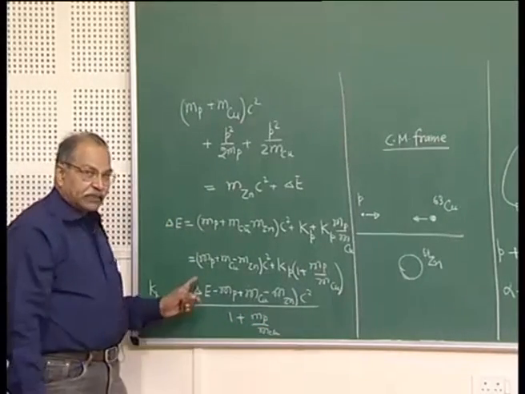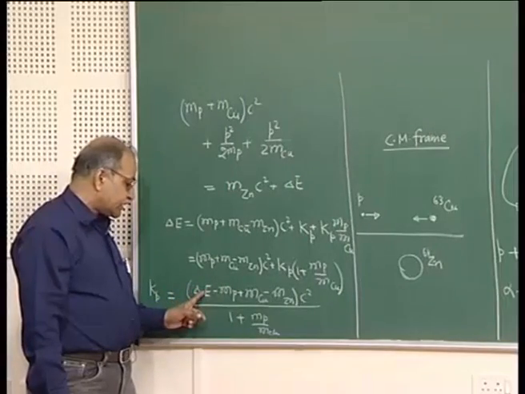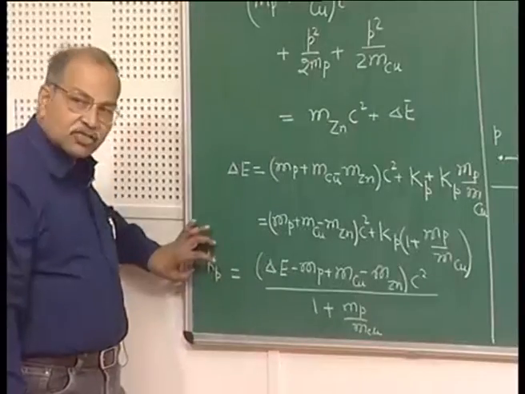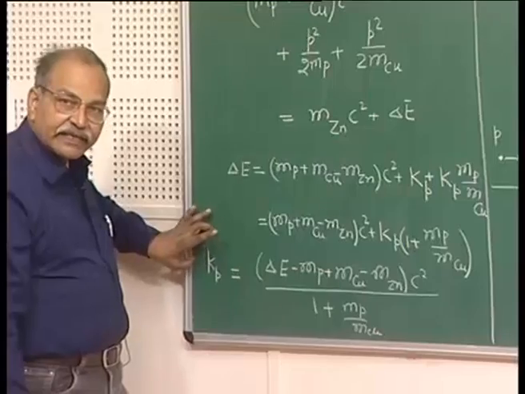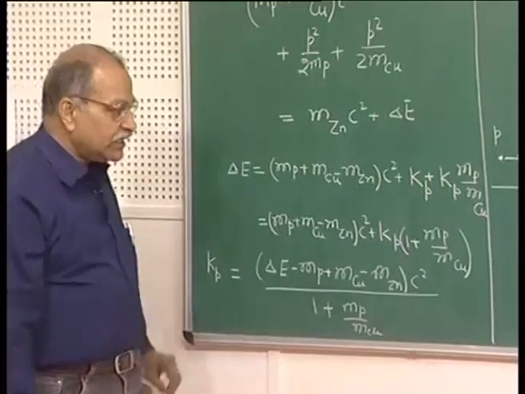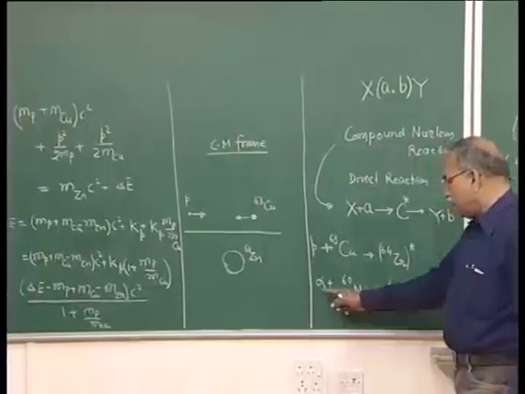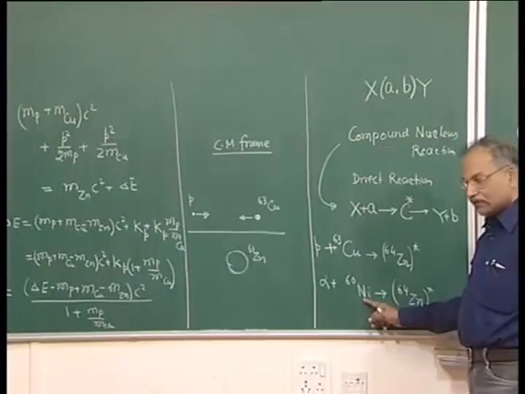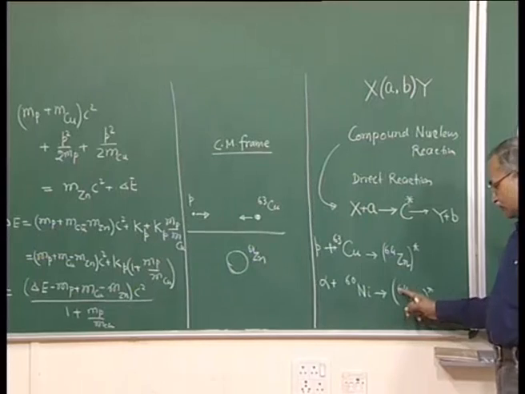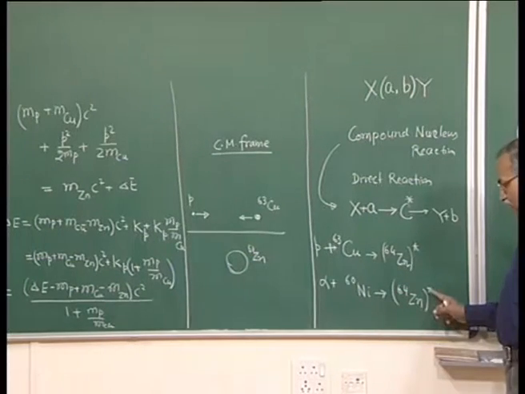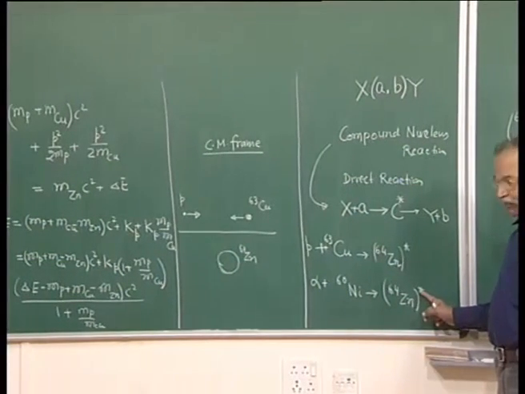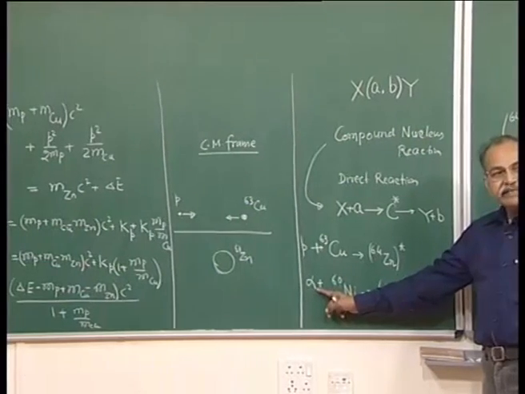So, for a particular excitation energy delta E, you need this much proton energy, and similarly if you work out the same thing for alpha plus 60 nickel and taking 64 zinc to the same excited state, how much alpha particle energy is needed.